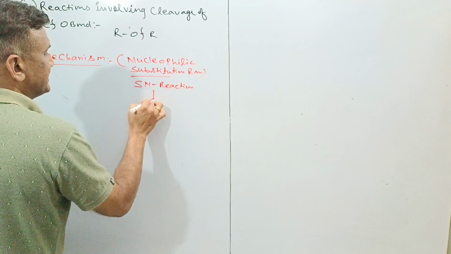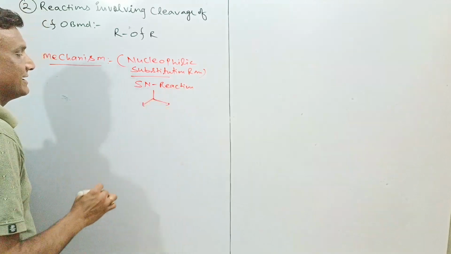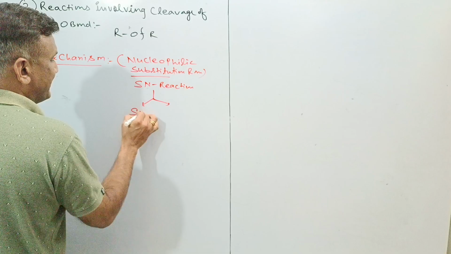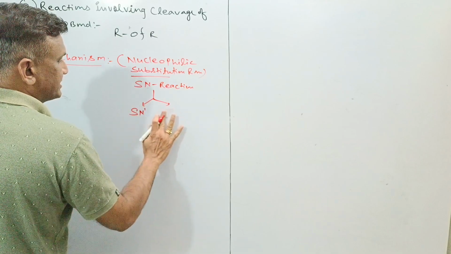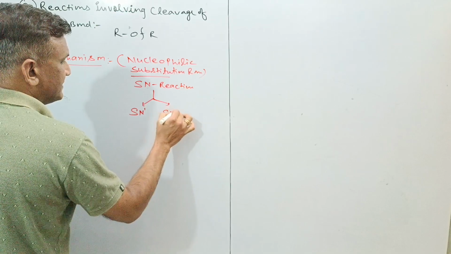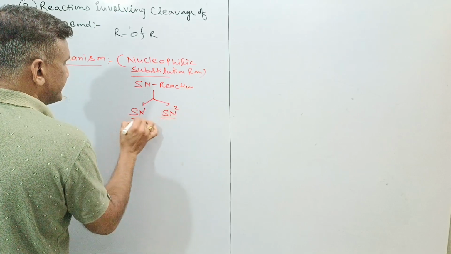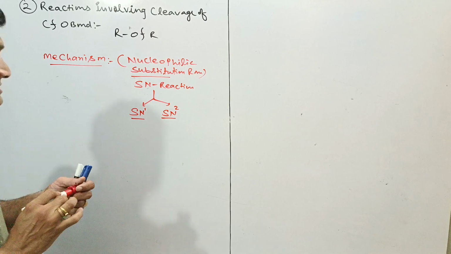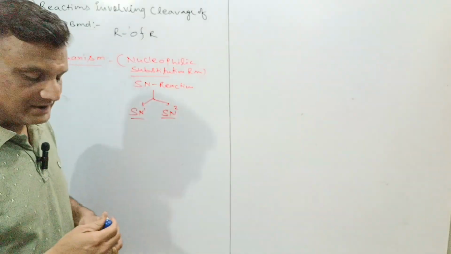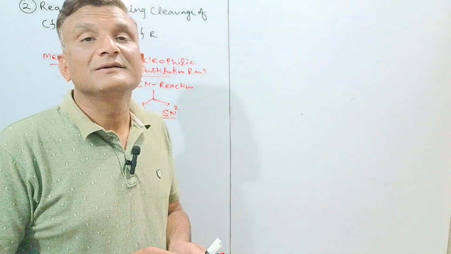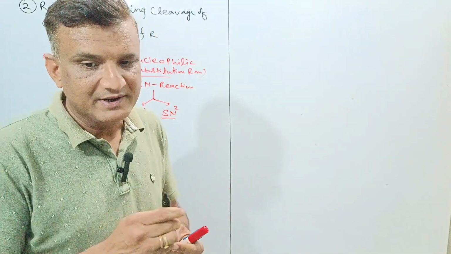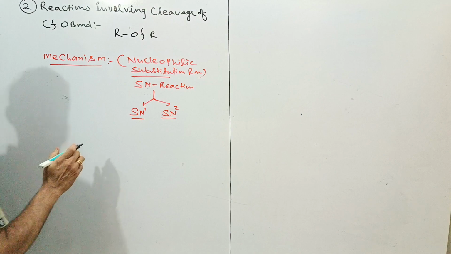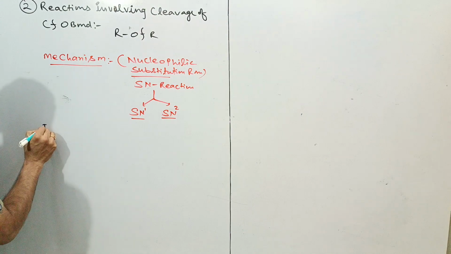There are two types of SN reaction we have discussed with haloalkanes and haloarenes, if you are regular with my videos: SN1 and SN2 reactions. If we go with a symmetrical ether, and when the halogen acid is in limited amount, then what will be the reaction? So this is the first step.